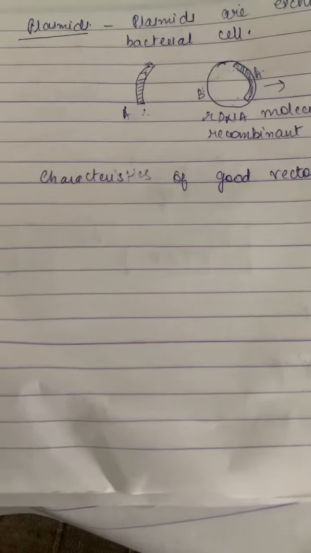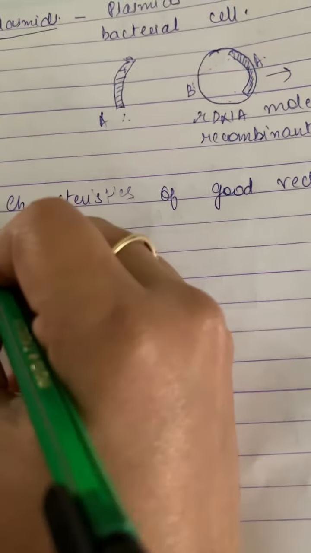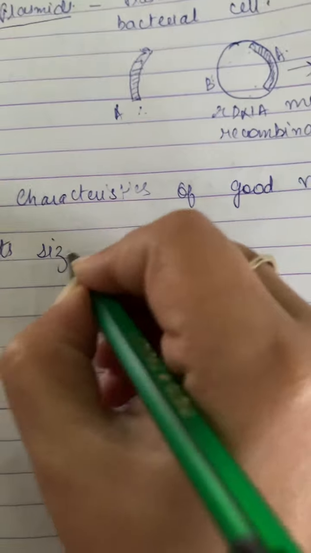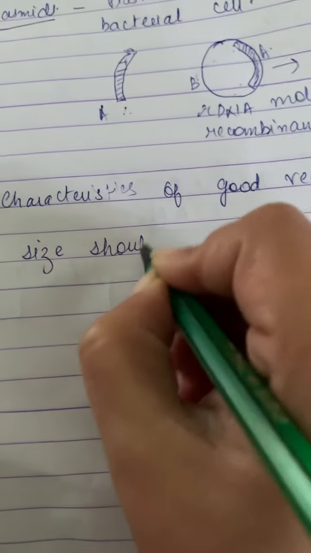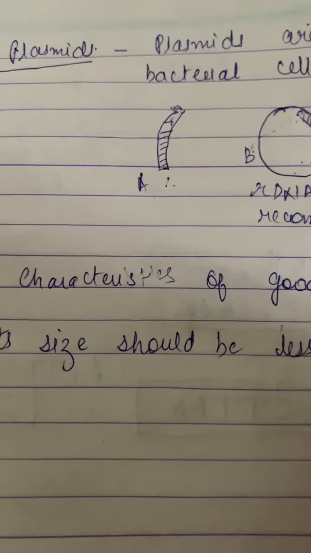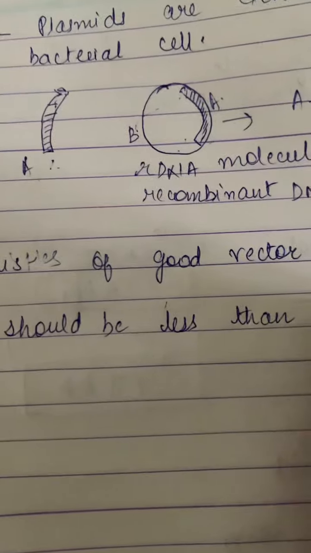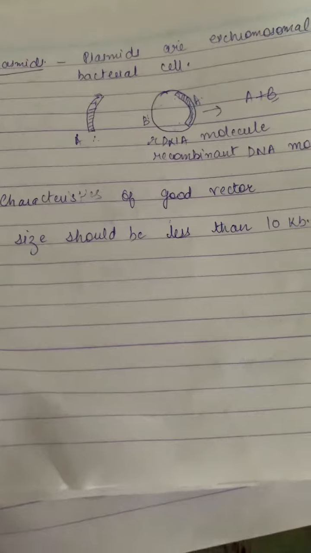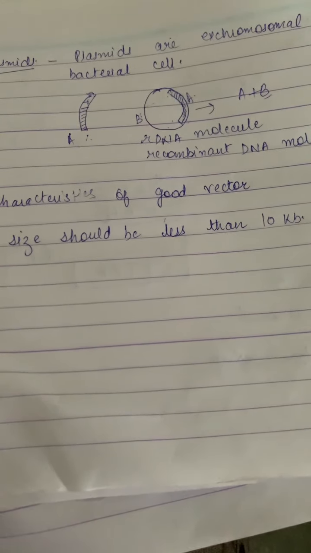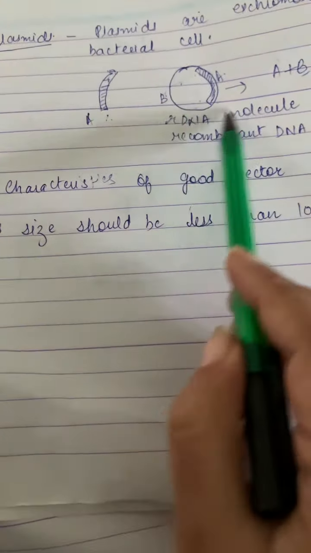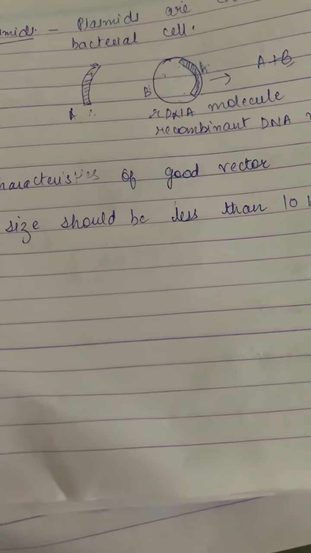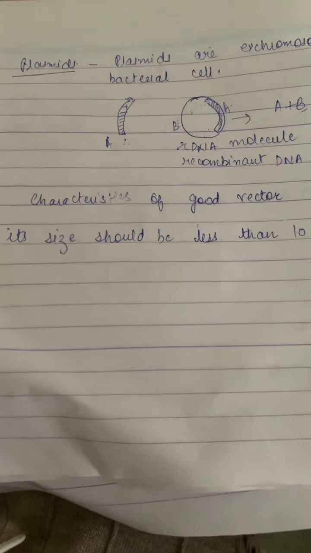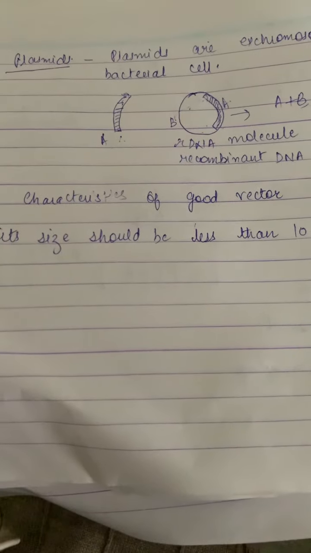First characteristic is that its size should be less than 10 kb. It is the ideal size in which we can insert our DNA, because if its own size is more than that, then we can insert only smaller fragments. So the size of the vector should be less than 10 kb.